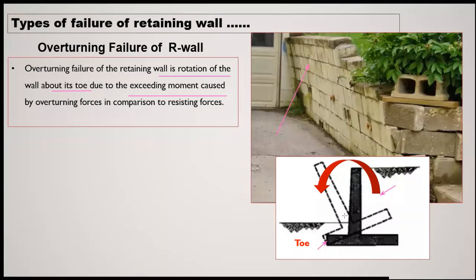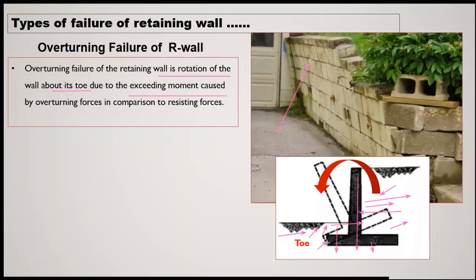Now, what is happening? If you see here clearly, this is the backfill, the total backfill. The backfill is applying pressure in this direction. And here is some material on the toe side, which will be applying some pressure or gravity force here, and the weight of this portion is acting here.